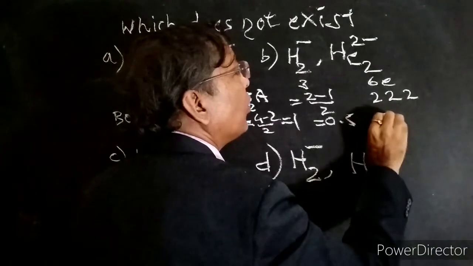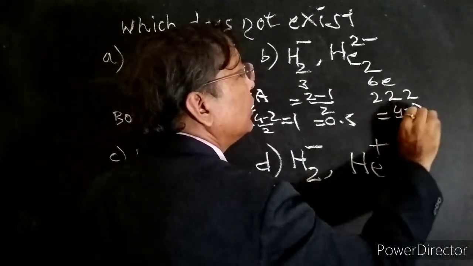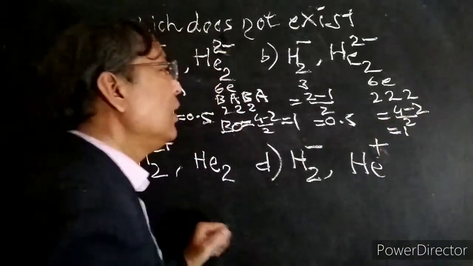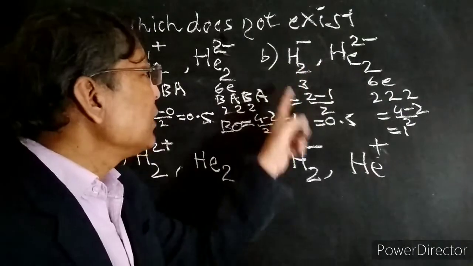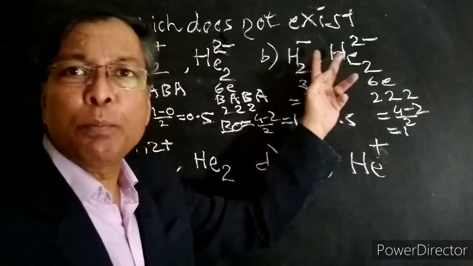Therefore the bond order equals total number of bonding electrons 4 minus anti-bonding 2, divided by 2, that is equal to 2 upon 2, that is 1. So this molecule has bond order 0.5 and this molecule has bond order 1, therefore this pair exists.